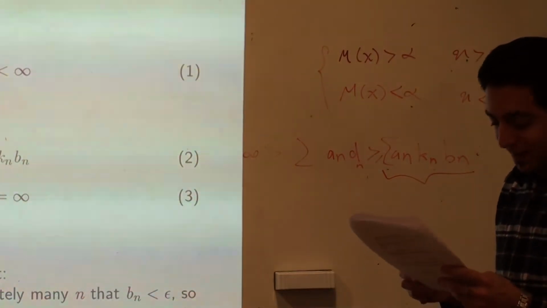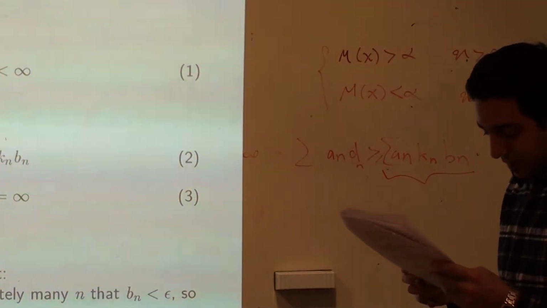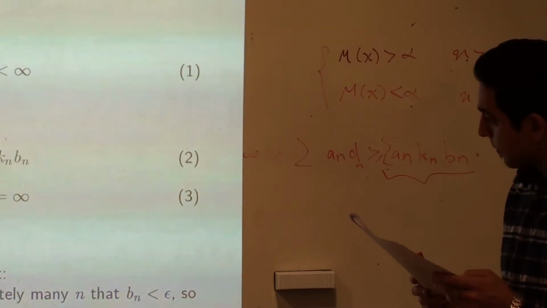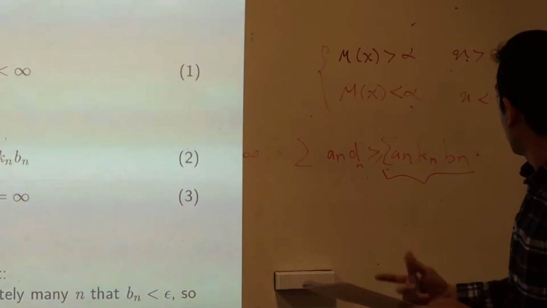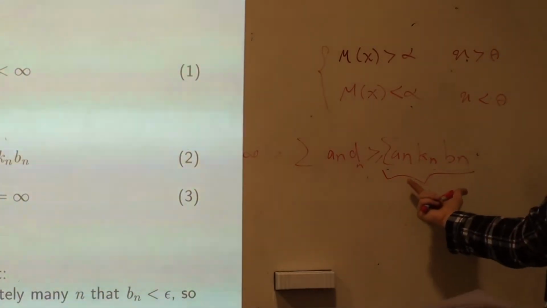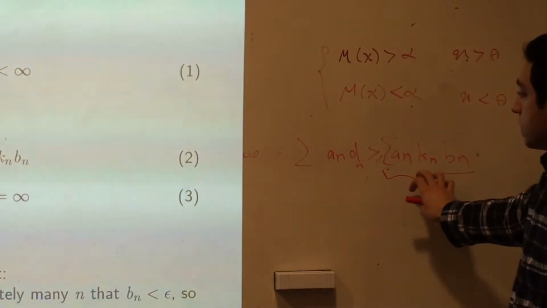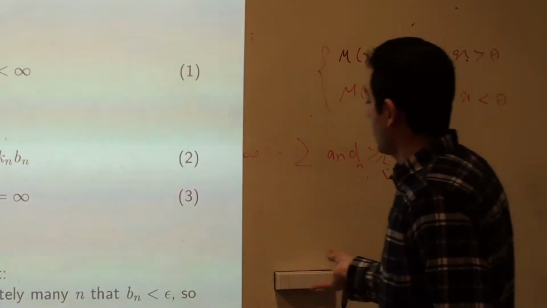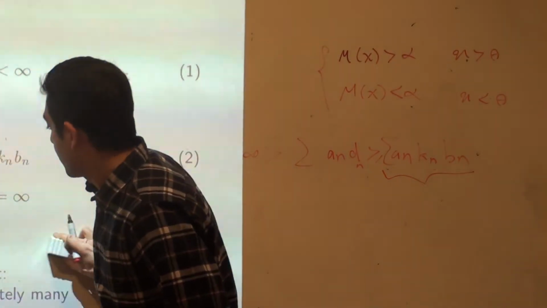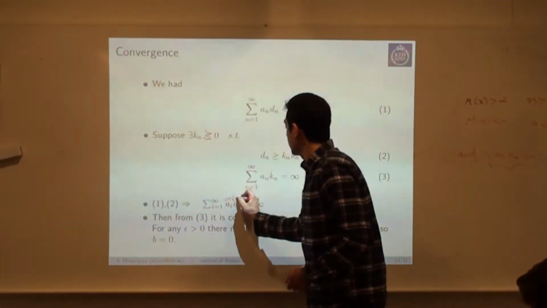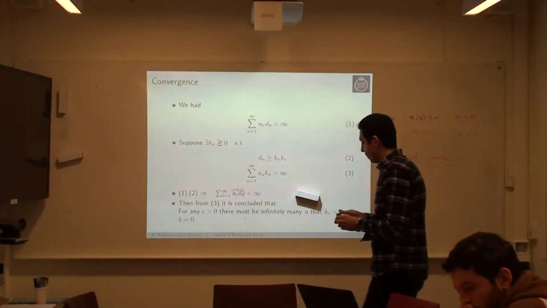Maybe there is some Bn inside there. In the paper it says An Kn Bn. Yeah, that makes sense. So this is the same thing that we said here, that this is bounded. This should be An Kn Bn.